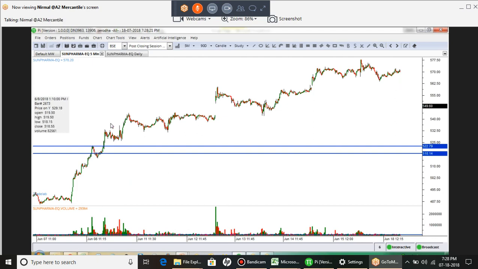Now, after this day, which is 8th, this is 11th. I don't see there was a breakout on 11th, right? Then straight away the breakout happened on 12th, right? 9:15.